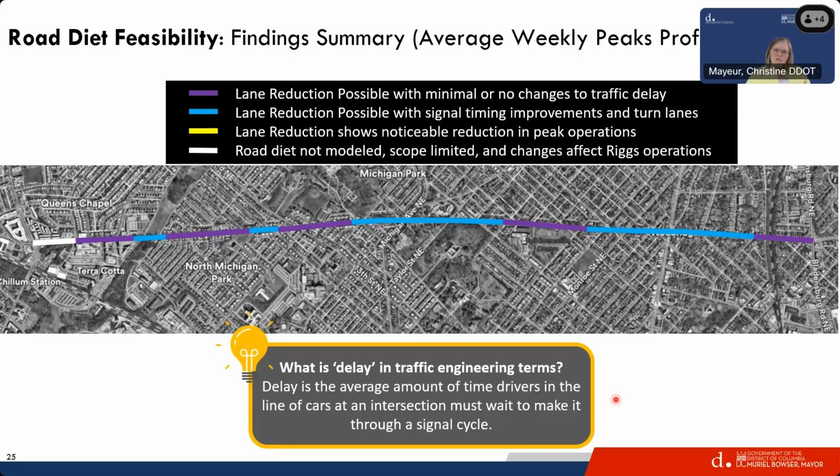And once the signal turns green, if all of the row of cars can't get through and they're stopped, then there's additional delay for those other folks. So what we tend to see across the week around Gallatin is a slight increase around, what is this, the North Michigan Park area.